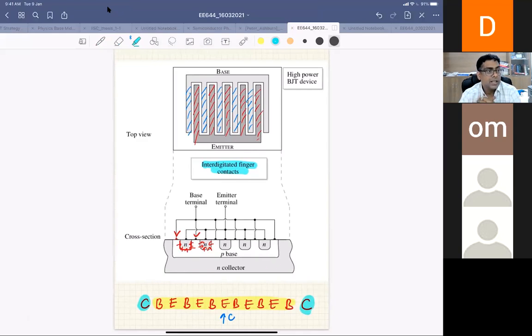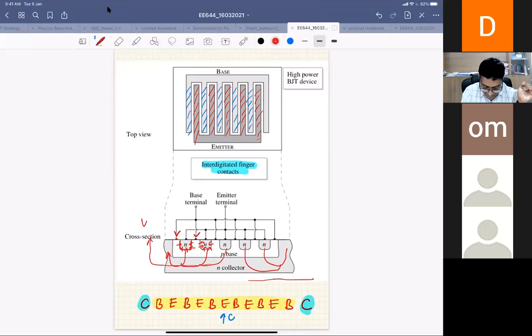So basically you see here, every emitter has a collector current, and let's say these two currents are going down. But as you go on increasing the number of fingers here, the collector current is also traveling a longer path.